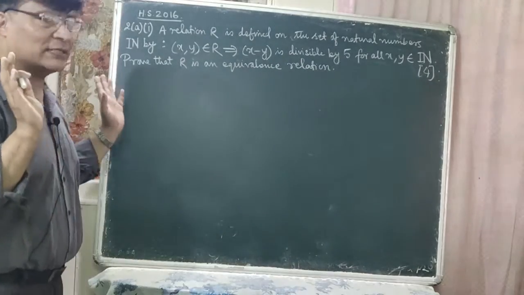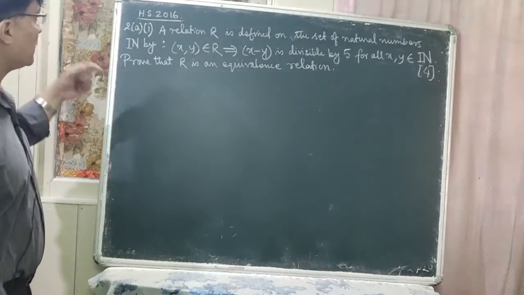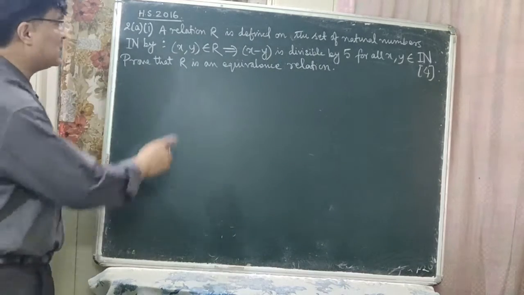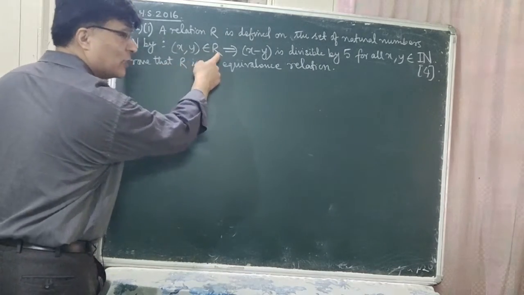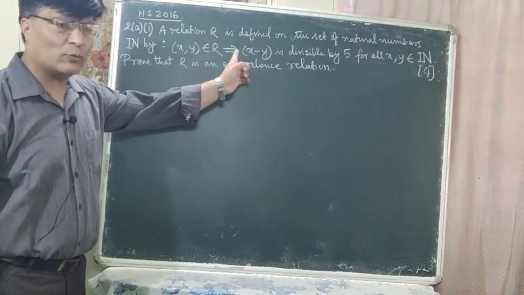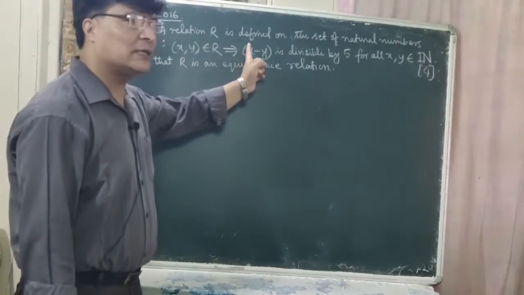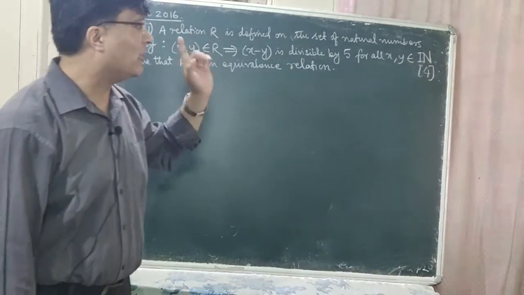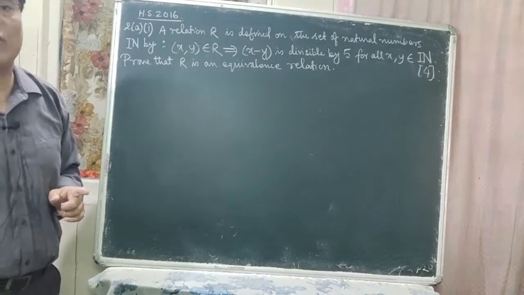are all natural numbers. Okay, now here the relation R on the set of natural numbers is defined as this: x comma y belongs to the relation R, which implies that the difference x minus y is divisible by 5 for all x comma y belonging to the natural numbers.